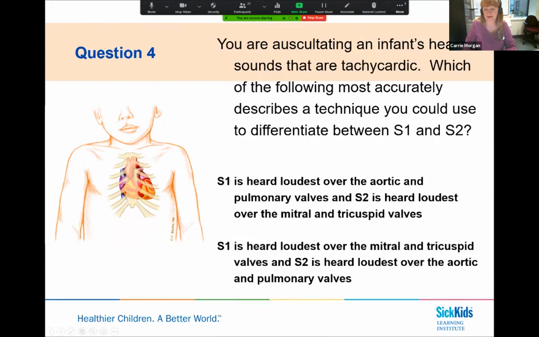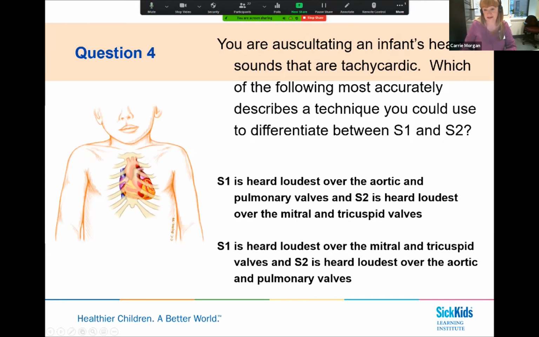Okay. Next question. You are auscultating an infant's heart sounds this time, and the patient, of course, is tachycardic. Which of the following most accurately describes the technique you could use to differentiate between S1 and S2? This is a tool we went over earlier in the course.